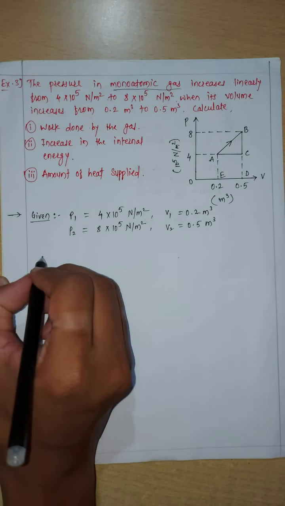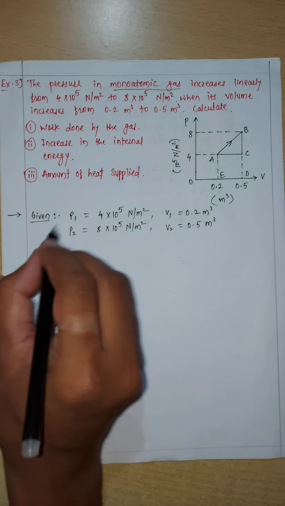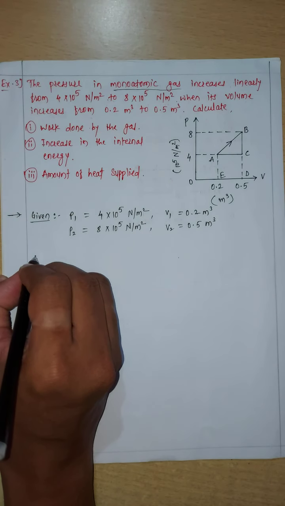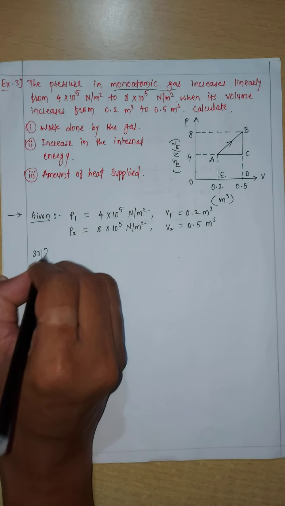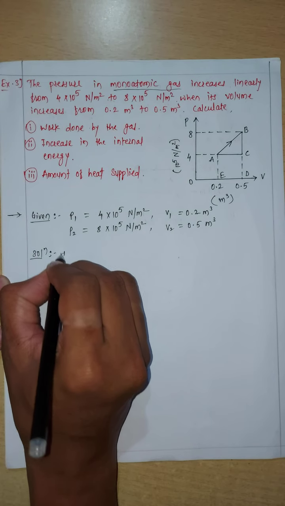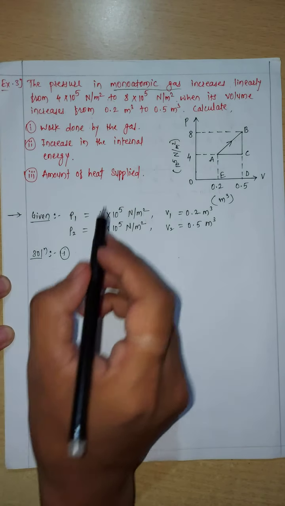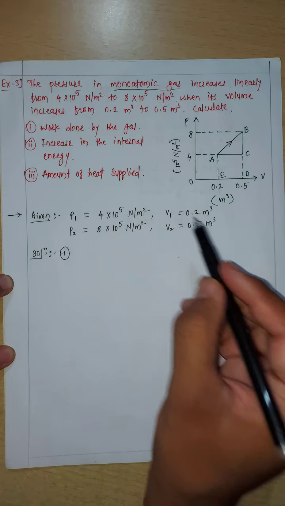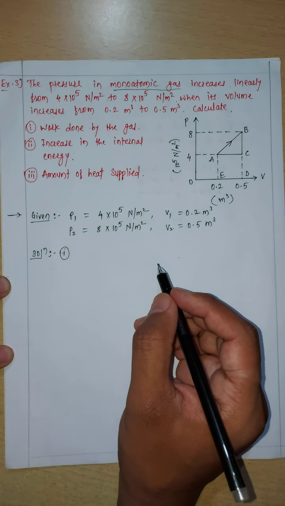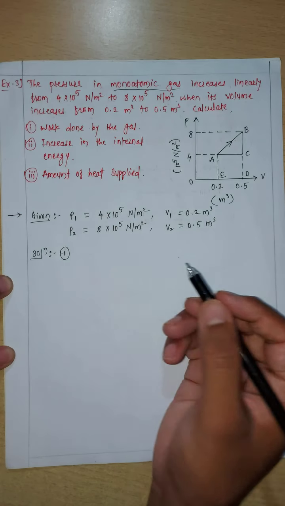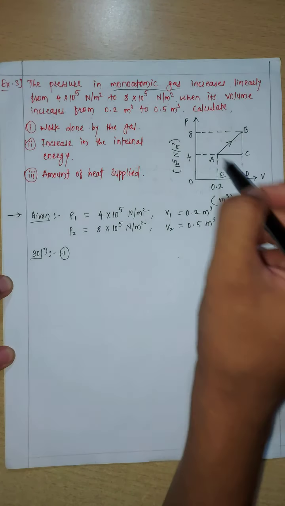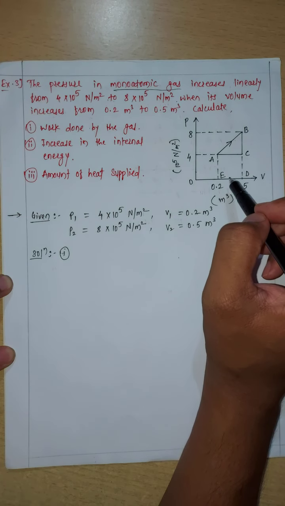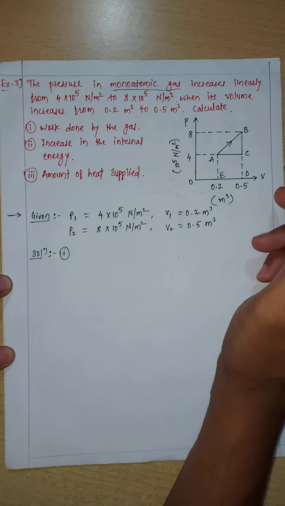Now first of all, we will find these three: work done, increase in internal energy, and the amount of heat. So the solution. The first question we are going to solve is the work done by the gas. You know that work done can be calculated with the help of a formula. If a PV diagram is given, then the area under the graph in that PV diagram is nothing but the work done.